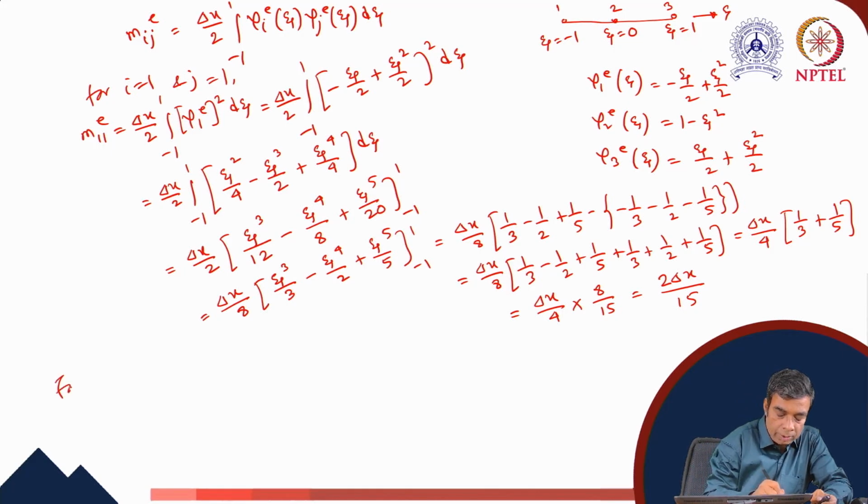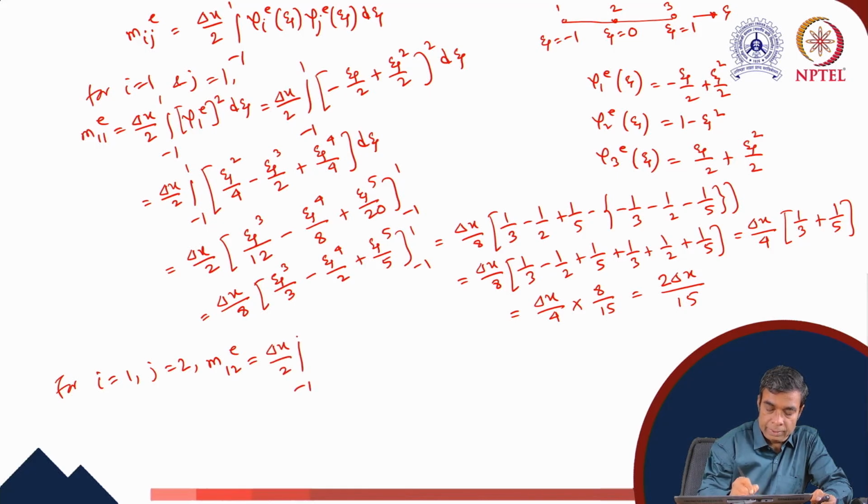Now for i equals 1 and j equals 2, we can calculate M12^e equals Δx by 2 integration from minus 1 to 1 of psi 1(ξ) into psi 2(ξ) dξ.